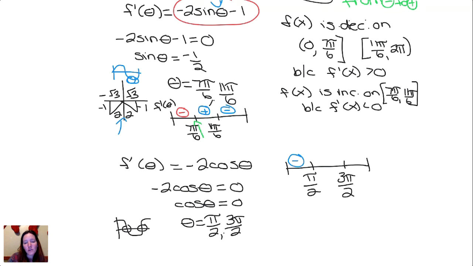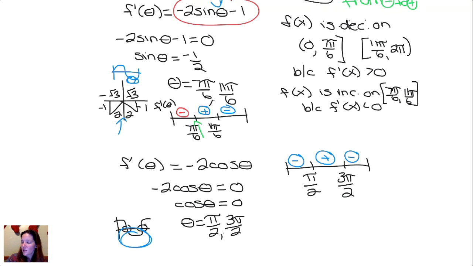Between pi over 2 and 3 pi over 2, cosine is actually negative. Now that we have this graph here, that's helpful to us. I multiply that by negative 2, I get a positive. And to the right of 3 pi over 2, I get positive numbers times the negative 2 is negative again.